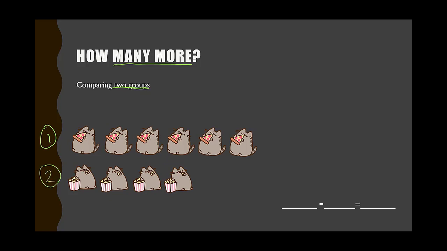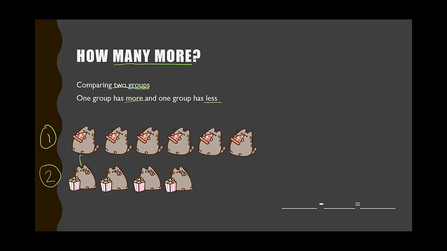First we have to see which group has more, because one group is going to have more and one group is going to have less. So in order to do that, we line up our groups. Our groups are lined up, and we have to make some pairs. So we're going to put a cat eating pizza with a cat eating popcorn, just like this.